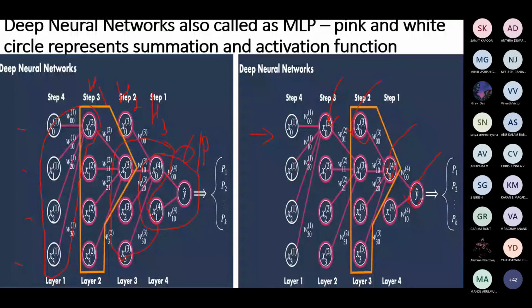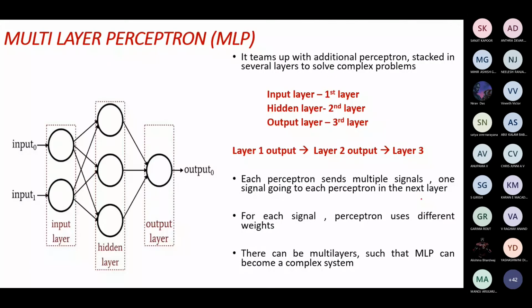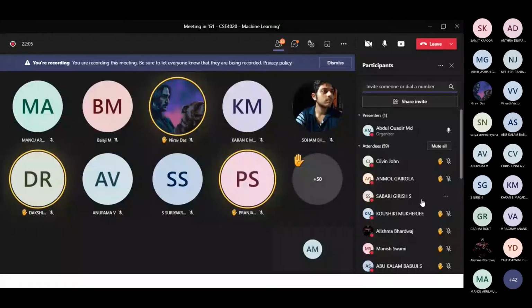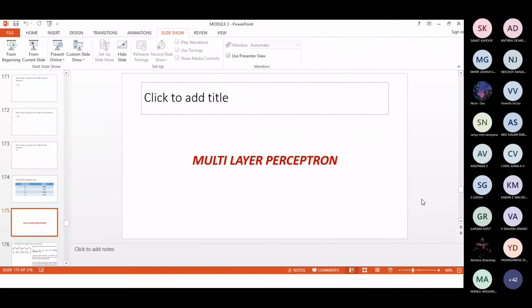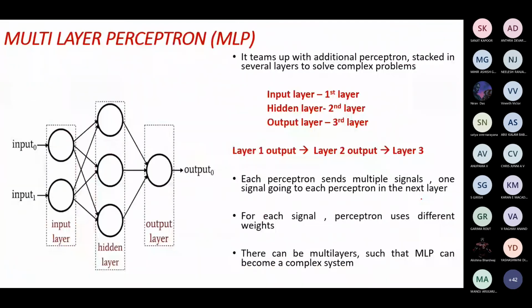So let me proceed further. Now, what is multi-layer? This is the basic concept I have told you: what the problem was in the single layer perceptron and how the multiple layer perceptron works. Let's see more in-depth detail of the multi-layer perceptron. As I told you, there is an input layer, this is a hidden layer and this is the output layer.